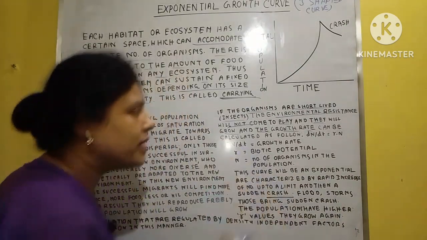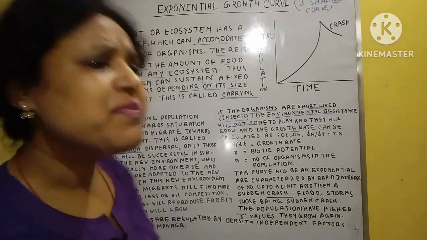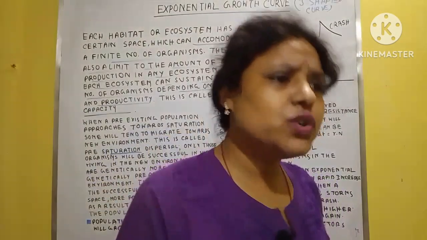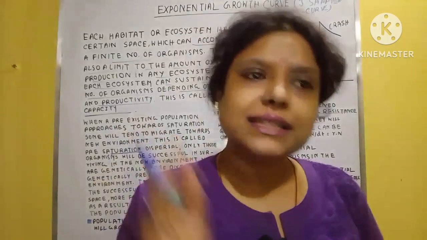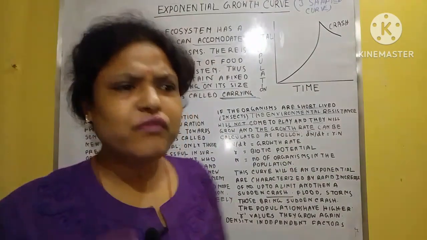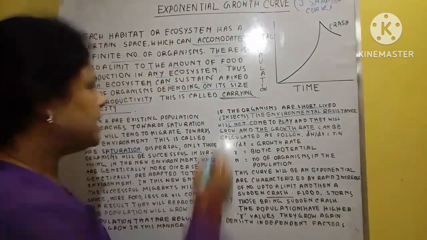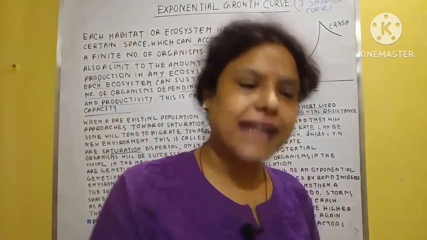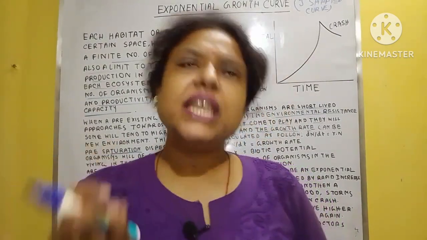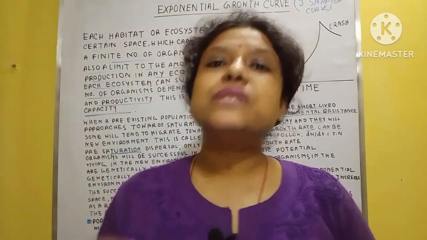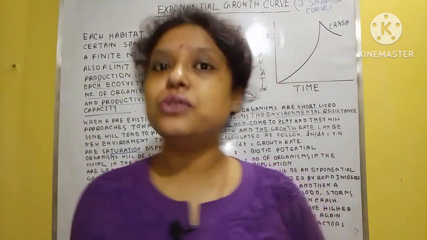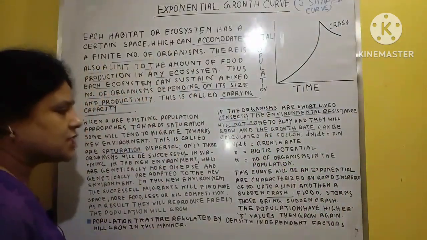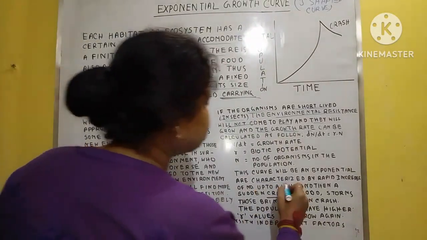If the size of the individual is large, nature can affect them, but in very small individuals, or a population containing insects, the effect of nature on that population is very little. So the growth rate is very high, and exponential growth is seen.